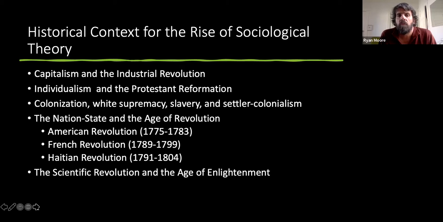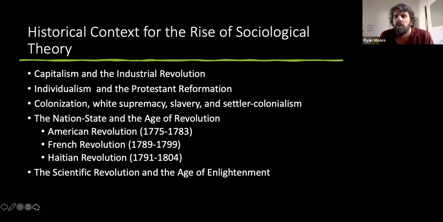And so for the historical context for the rise of sociological theory, we have a set of factors here: political, economic, religious, and intellectual factors that all came together to contribute to the rise of sociology and sociological theory in roughly the period between the 16th century and the 19th century, when these factors came into play in creating the modern world.